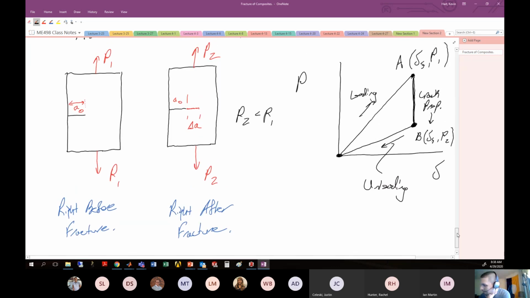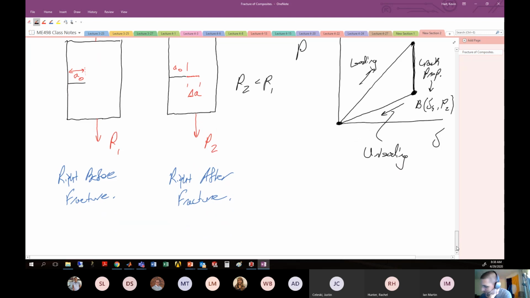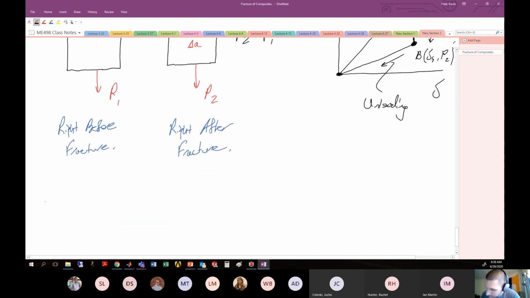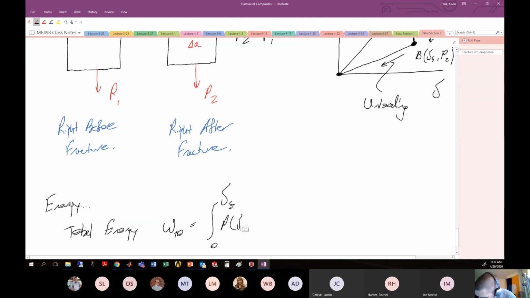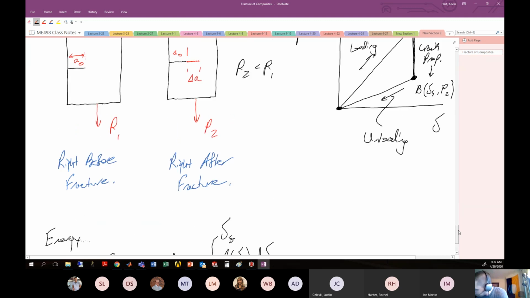All right. So let's look at what the energy is associated with this particular happening. So we know that the total energy, this WTO, is the integral from 0 to delta final of the load as a function of the displacement, integrated over the displacement.